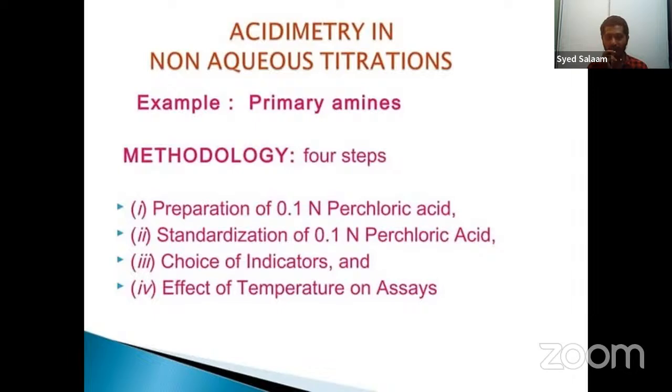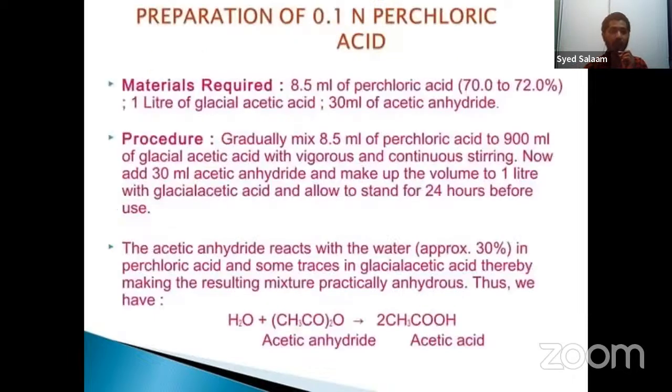So we prepare 0.1 normal perchloric acid, then standardize it. Then selection of indicator: whatever indicator is suitable for such compounds, we take. Then the effect of temperature on assays needs to be checked.